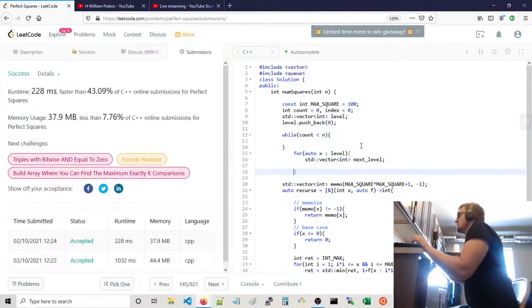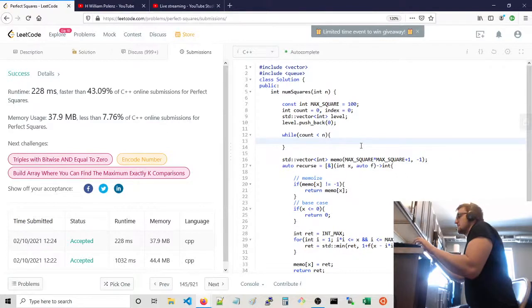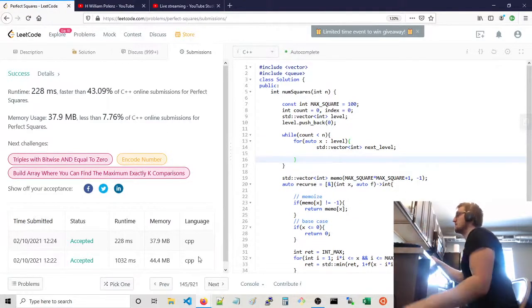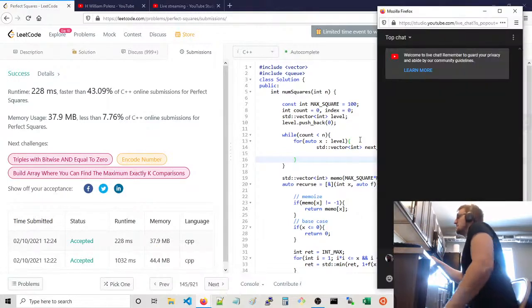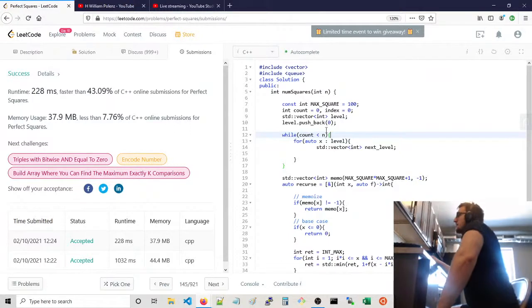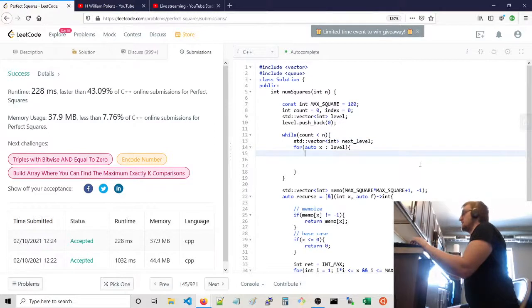What we're going to do, this is kind of funky, but bear with me. Definitely an unusual way to do this. So while count is less than n, we say for each value in level, we have this next level, we're going to say this actually goes above. That was why I needed an outer loop.